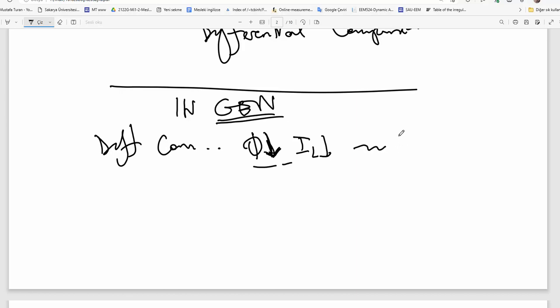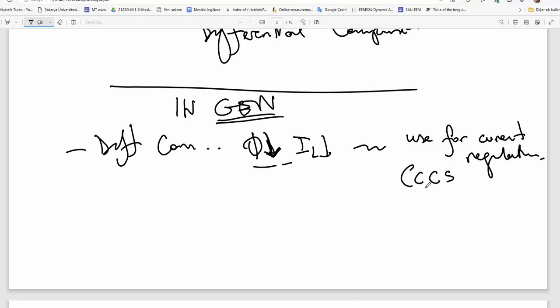So we use such a differential compound connection for better current regulation, for example constant current sources in welding machines.